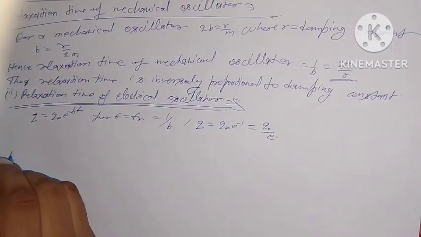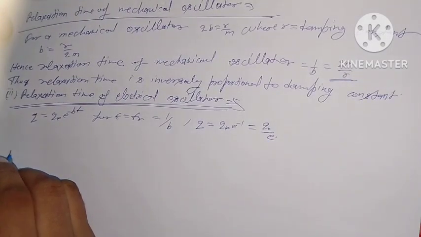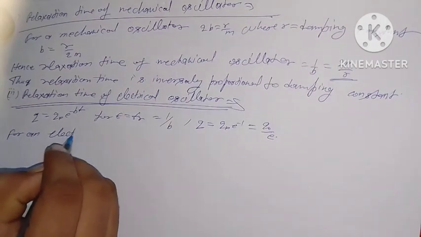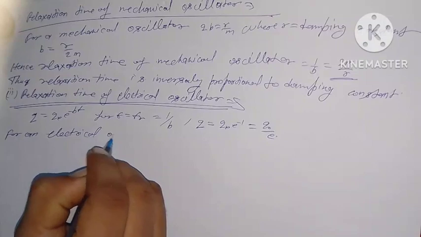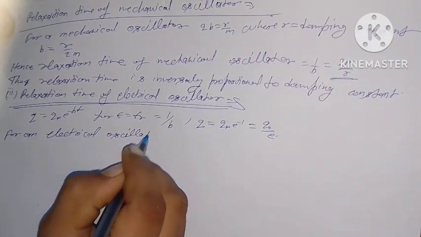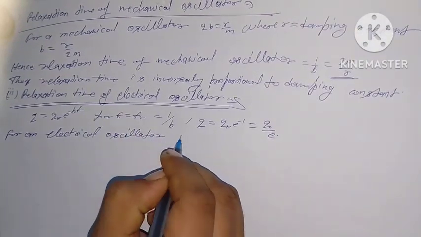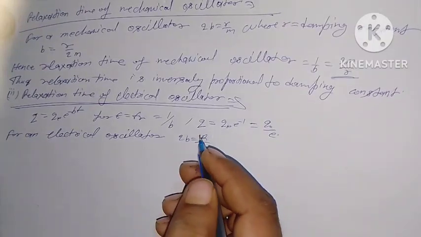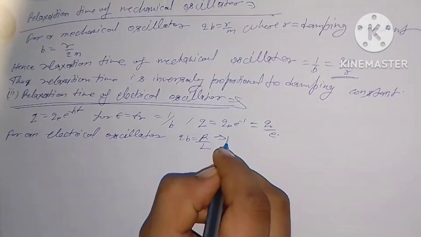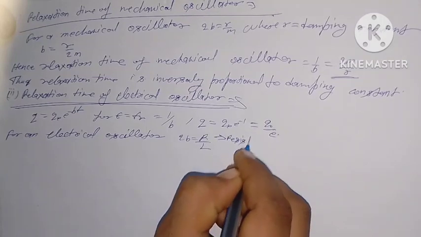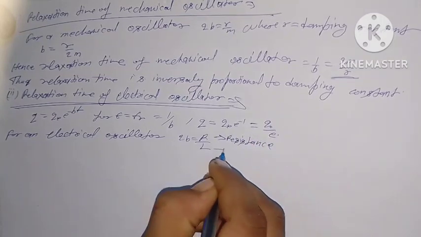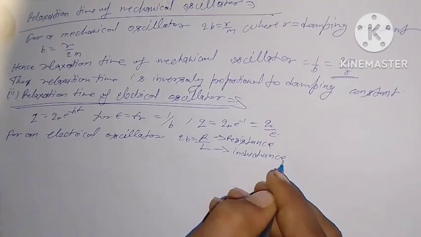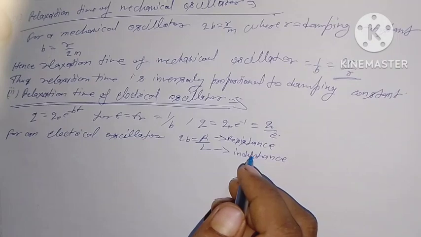For an electrical oscillator, b is equal to R by 2L, where R is the resistance and L is the inductance of the circuit.